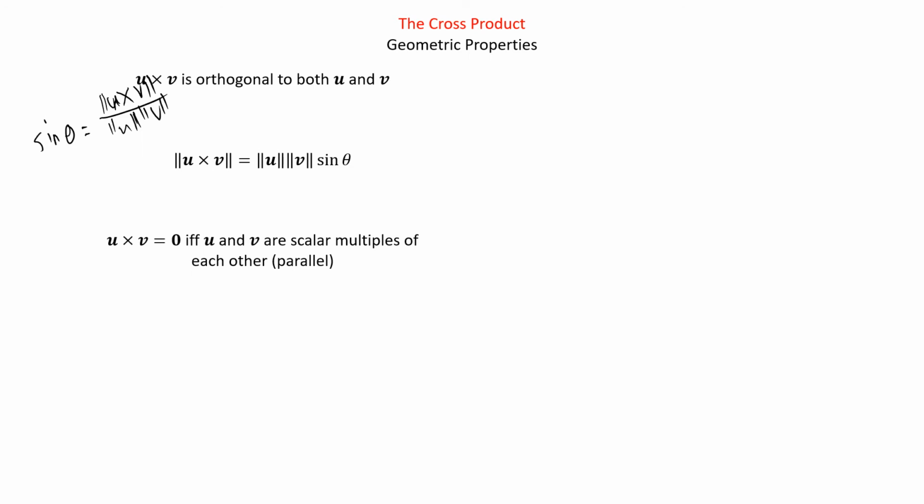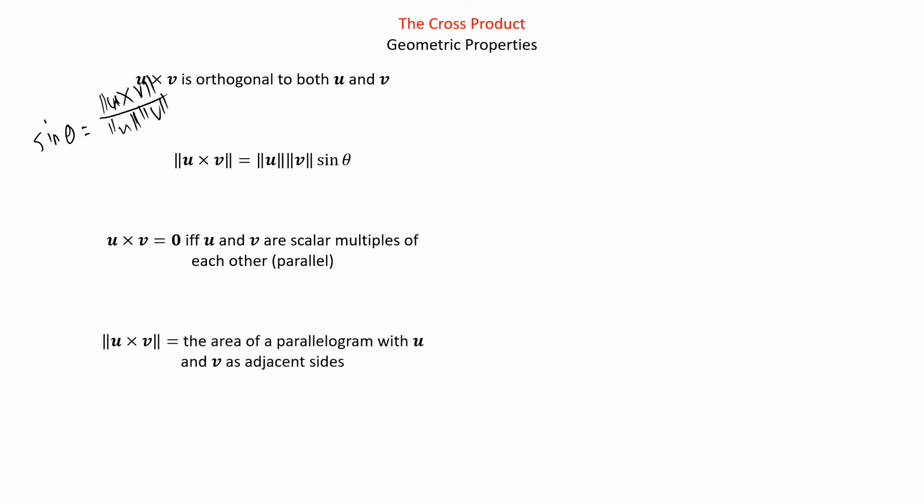If one of them has a number multiplied to it, say 7, you could factor that 7 out of both those two products, and you'd end up with 7 times 0, which is going to be 0. And that would happen for each of the three components. So a way to tell if they're parallel is to take the cross product to see if it turns out to be 0.